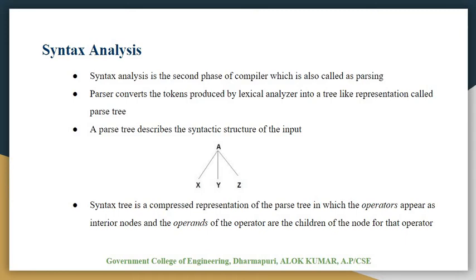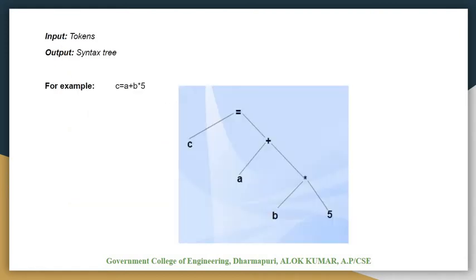From this diagram you can see A is the parent and X, Y, Z are all the children of A. Now a syntax tree is a compressed representation of the parse tree in which the operators appear as interior nodes and the operands of the operator are the children of the node for that operator. You can see this in the next diagram.